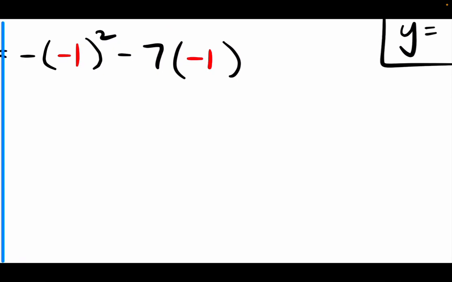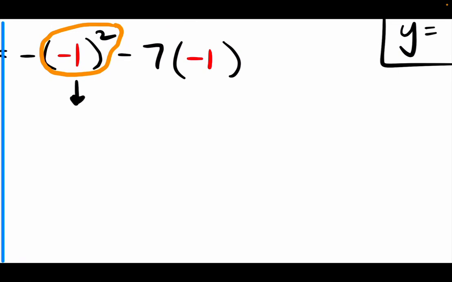Remind me, what does squared mean? What does the little 2 on top mean? Not times 2, you're close. It's times itself, right? Times itself. So what is negative 1 times itself?